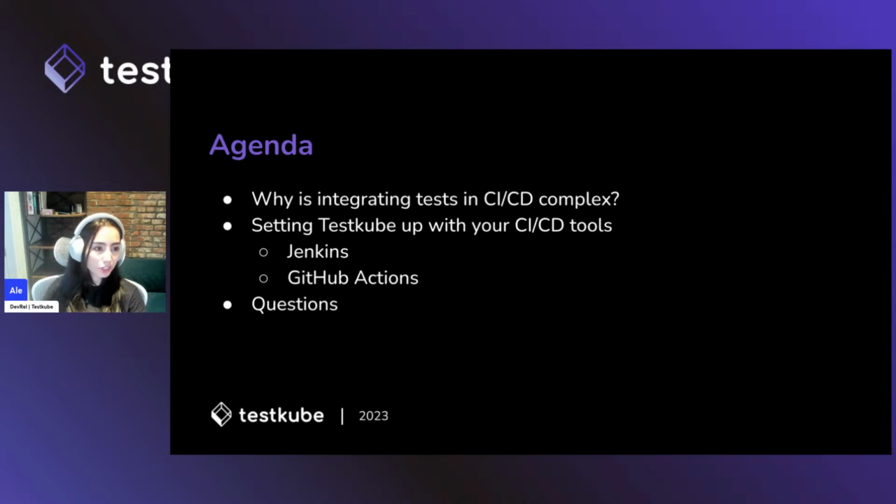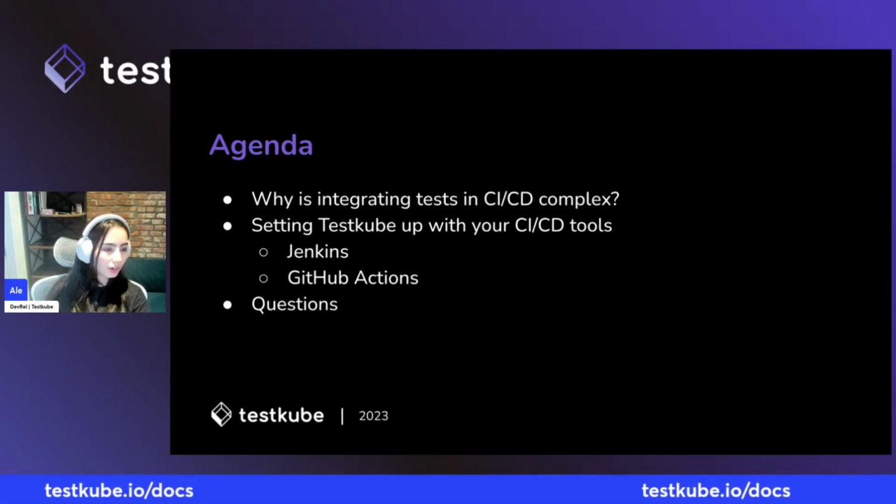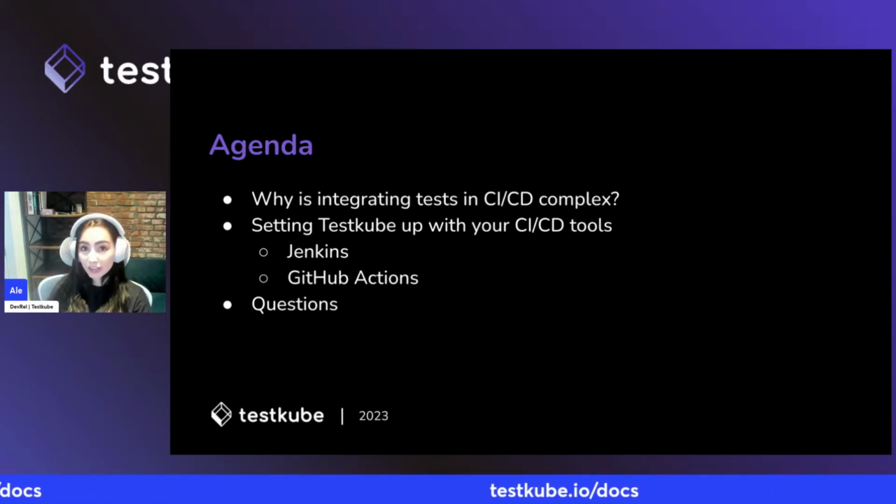We have a lot of documentation as well related to this. If, for example, you don't use Jenkins or you want specific examples with Argo CD or other tools, I'm going to leave the documentation link so that, there you go, you can check that out.